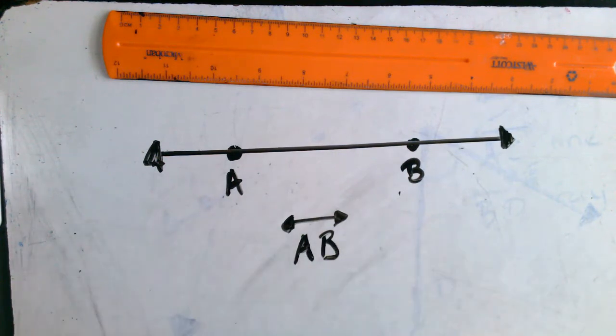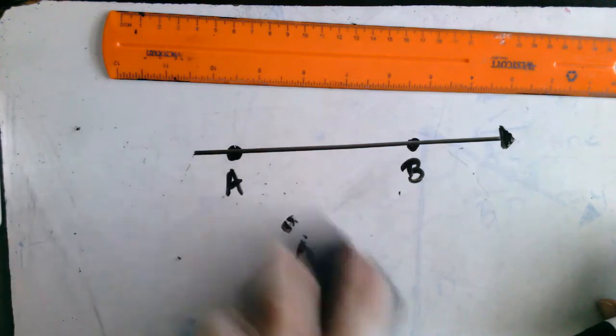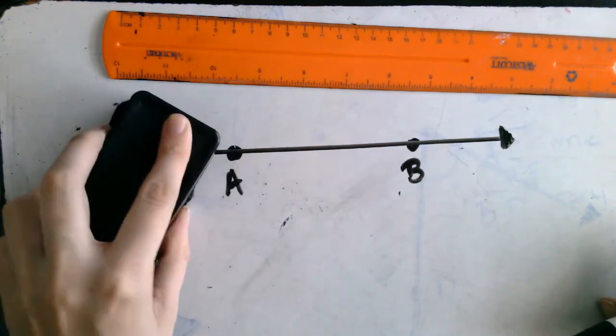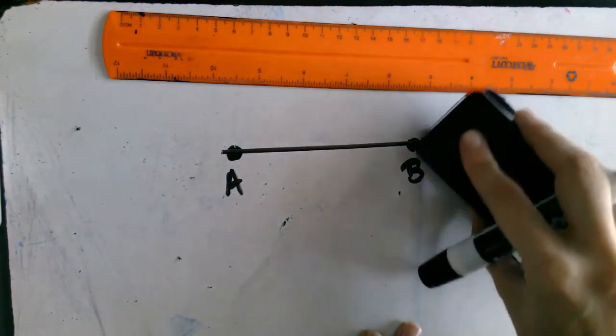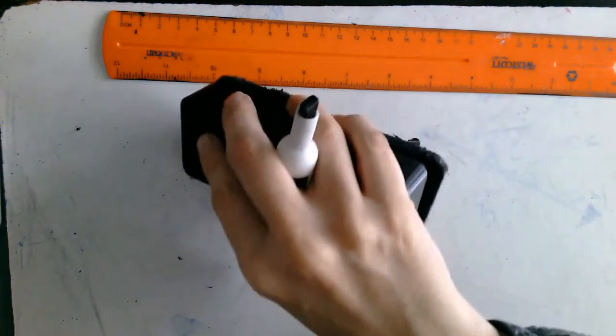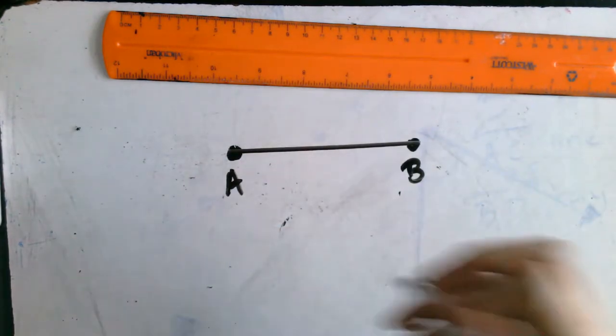That's the symbol for a line. Let's practice. If I took off the arrows and our line ended at both of our dots, this would be a line segment.